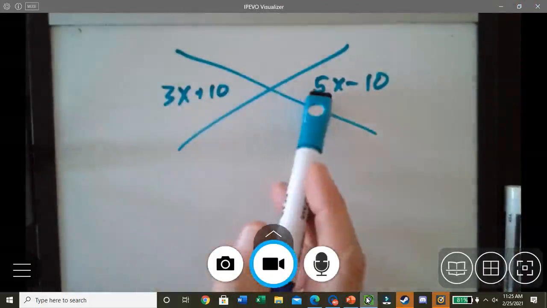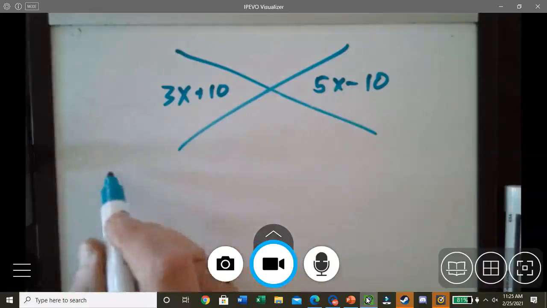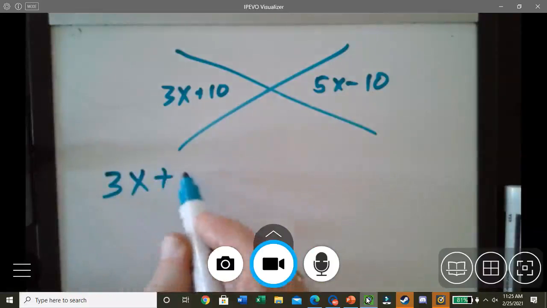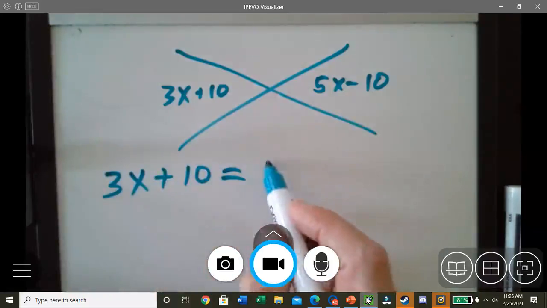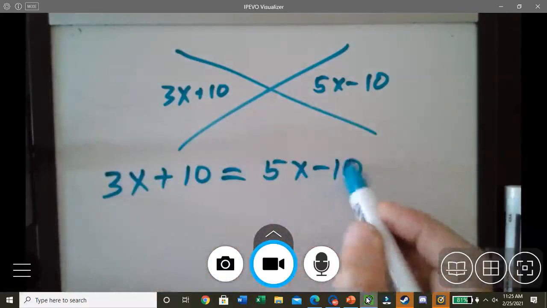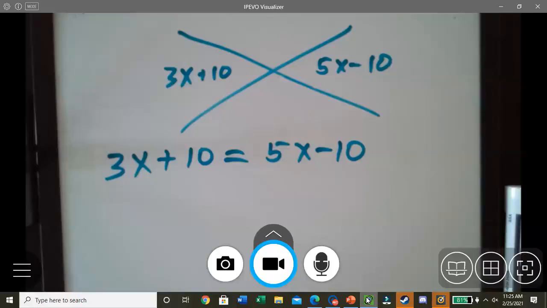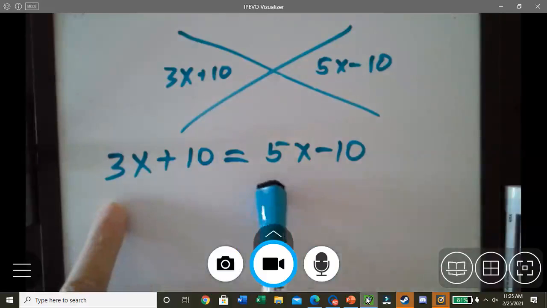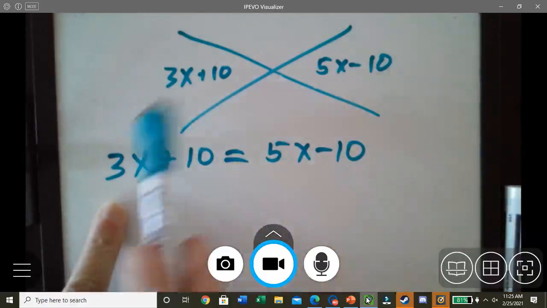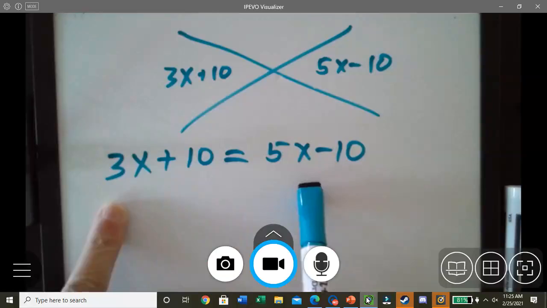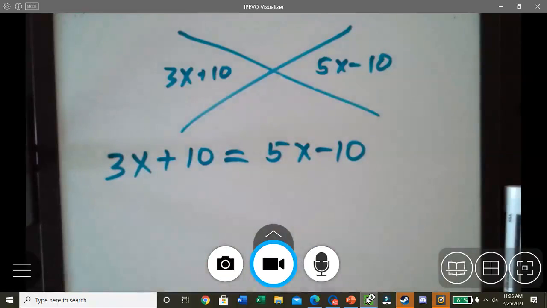Since vertical angles are congruent, we set these equal: 3x plus 10 equals 5x minus 10. When you see a problem, remember the postulate, and that way you know what to do with these two expressions.